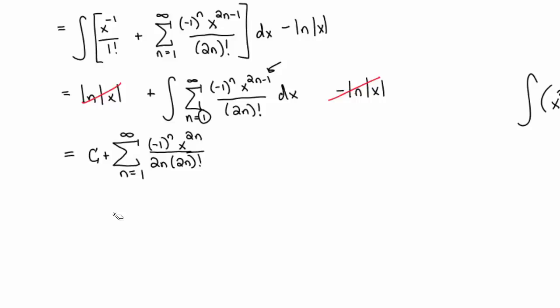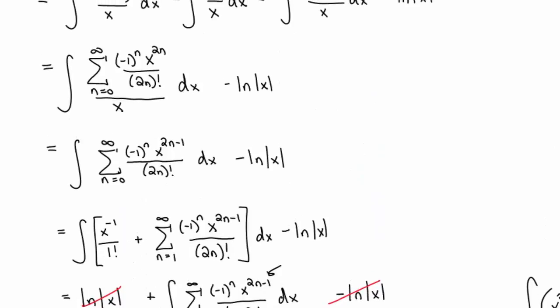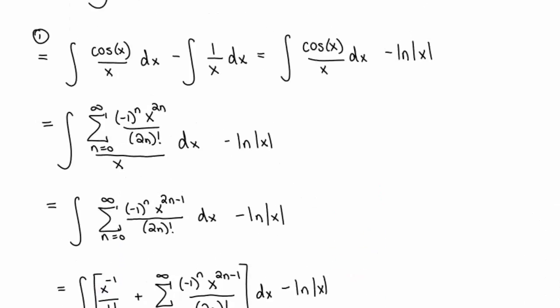You've lost a term on your series. But anyway, integration, you still start at whatever your index was before. And that's actually the answer for this problem. But I'm going to do it a different way just to showcase how you can be a little bit more careful with this integral.